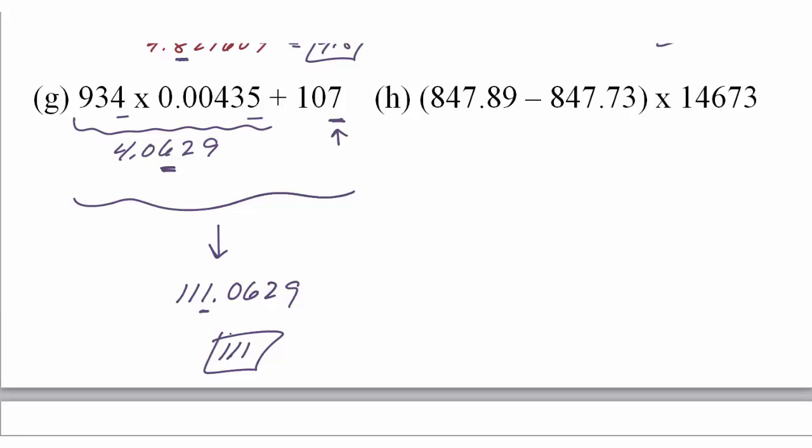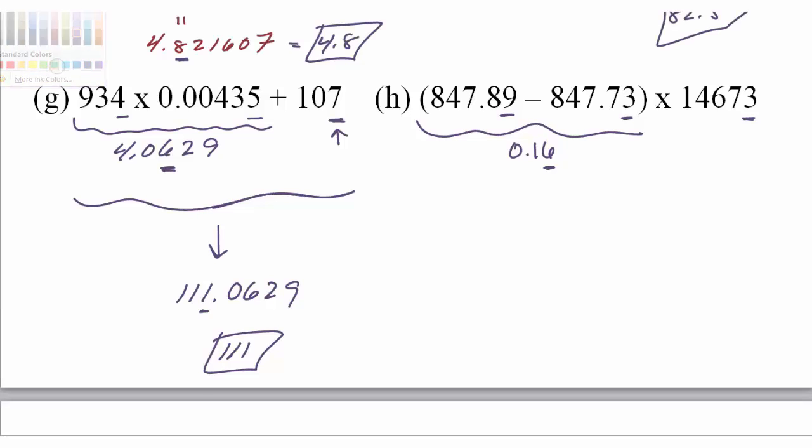The last one. Here's the big test. Tenths place, hundredths place, sorry. 847.89 minus 847.73. I get about 0.16. Take that times 146.73. Okay. Now I have to report my answer to how many sig figs?